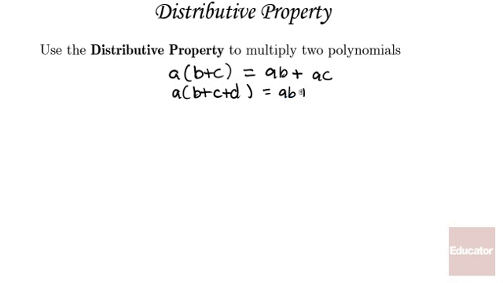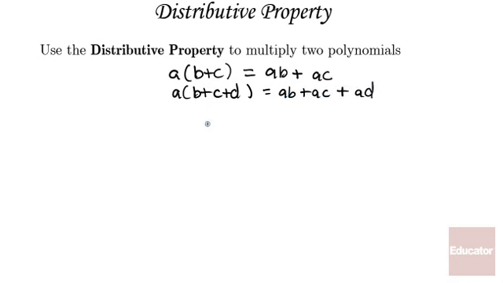Remember that the distributive property says a times (b plus c) equals ab plus ac. And again, it also applies to longer expressions such as this one, to give you ab plus ac plus ad.